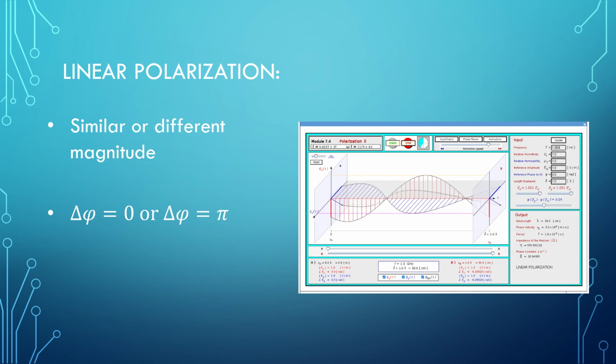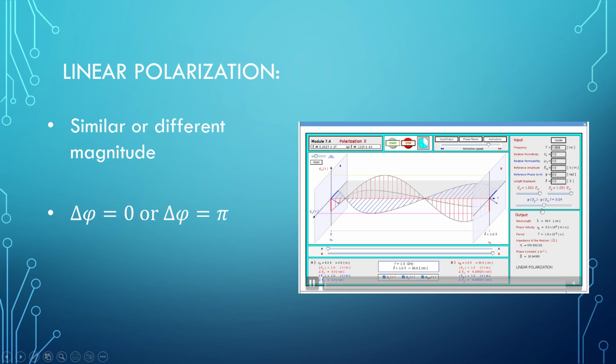The phase difference represents the difference between the phase of Ey, the electric field along the y direction, and the electric field along the x direction, as shown here in the simulation.